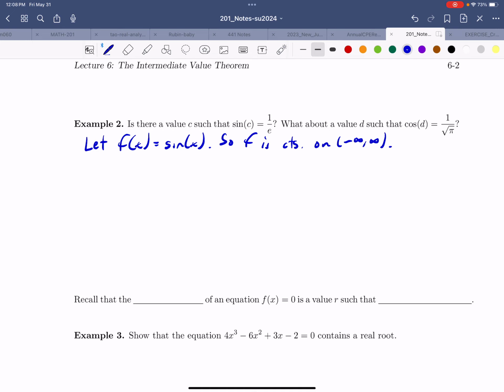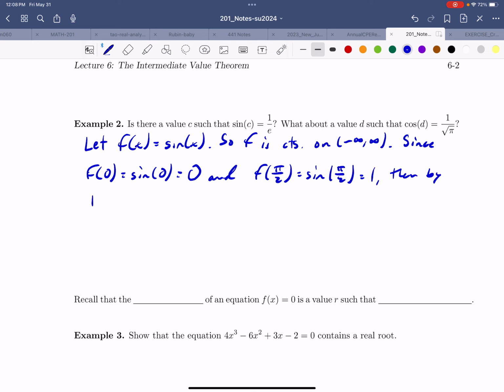So we know that f of 0 equals sine of 0, which we should know equals 0. And also, we know that 1 over e is positive. And we also know that f of pi over 2 equals sine of pi over 2, which equals 1.